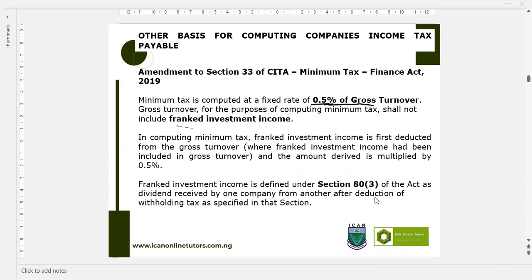Frank investment income is defined under section 80 subsection 3 of the Companies Income Tax Act as dividend received by one company from another company after deduction of withholding tax as specified in that section has been deducted, after withholding tax has been deducted.